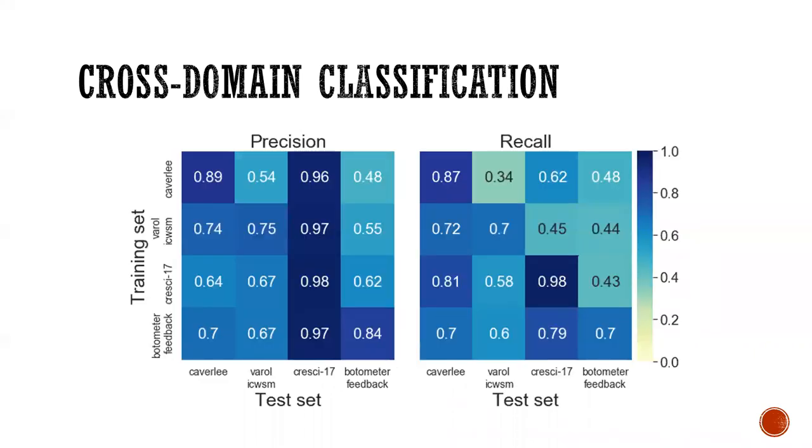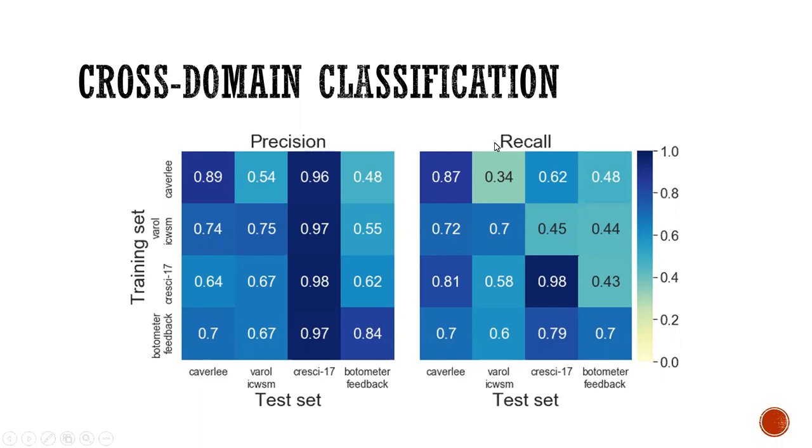Let's see more examples of cross-domain classification and compare precision and recall. In the diagonal cells, we present the in-domain experiments. For example, here we train on Cavalli and we test on Cavalli. And we see that the numbers are larger or better compared to the cross-domain experiments shown in the non-diagonal cells.